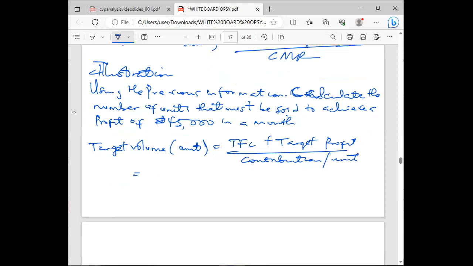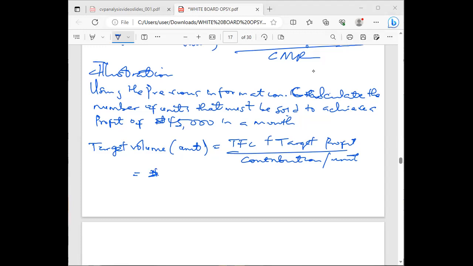Our total fixed cost from the previous example was what? What's the total fixed cost? It was 10,500, yes, total fixed cost.